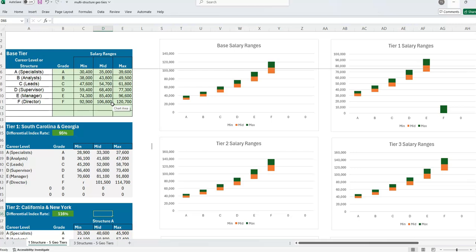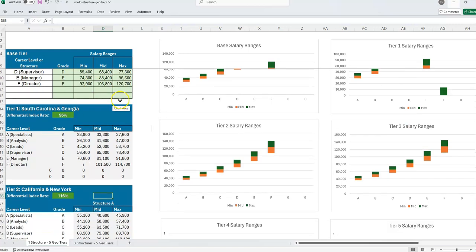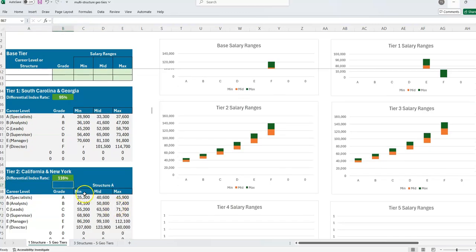But I won't get into all of that now. In this example, we have a specific employee and they are moving, say, from South Carolina, tier 1, to California or New York, which has a different set of salary ranges.